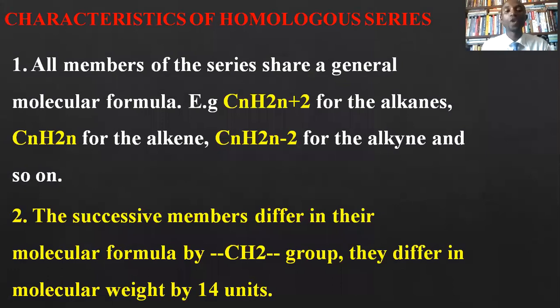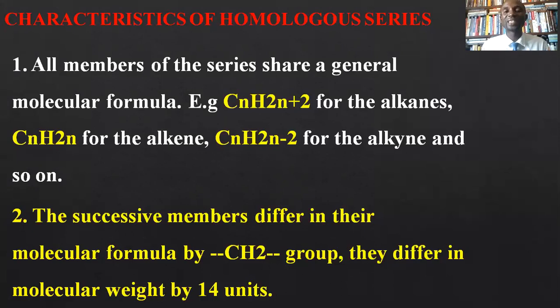Homologous series, all members of the series share a general molecular formula. I said it before. For alkane, it is CnH2n+2. For alkene, we have CnH2n, and so on. Any particular family must have a general molecular formula to generate it.